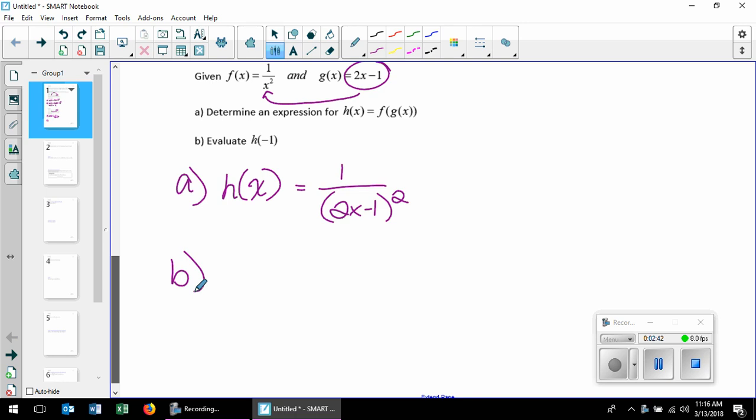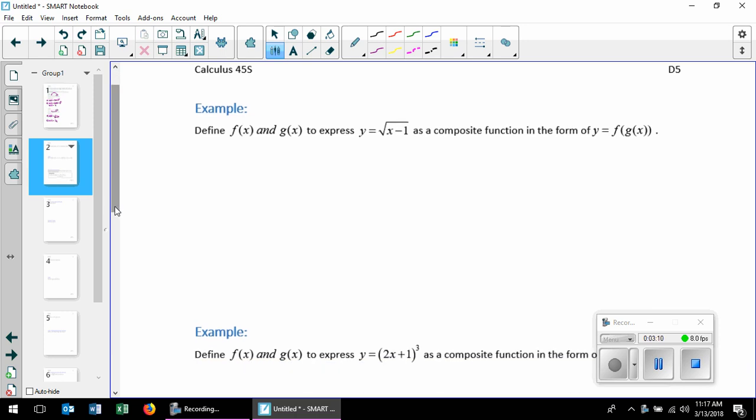We know that that's positive 9. So h when x is -1 is 1 over 9. That's super easy, right? These we did in grade 12.